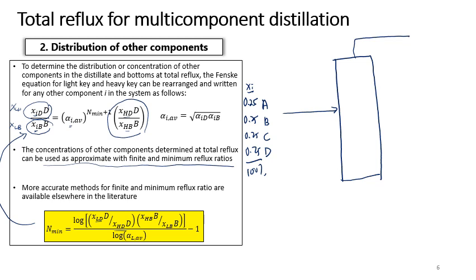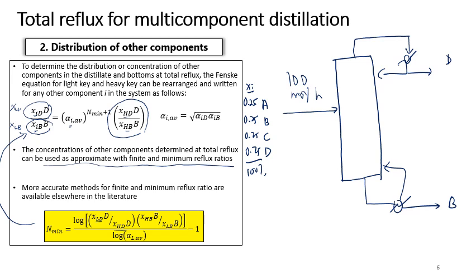So you have in the column this distillate product and the reboiler, okay, this is the bottom product. So let's say you have 100 mole per hour of feed. So 25% of B is 25 mole per hour, and 25 mole per hour of A, 25 mole per hour of everything basically.